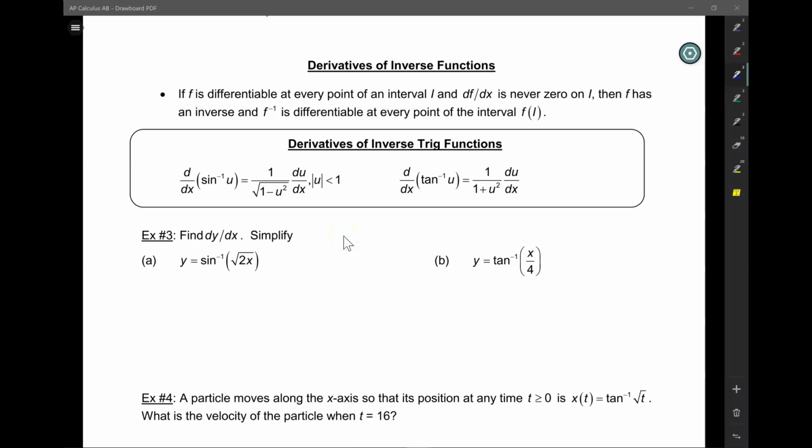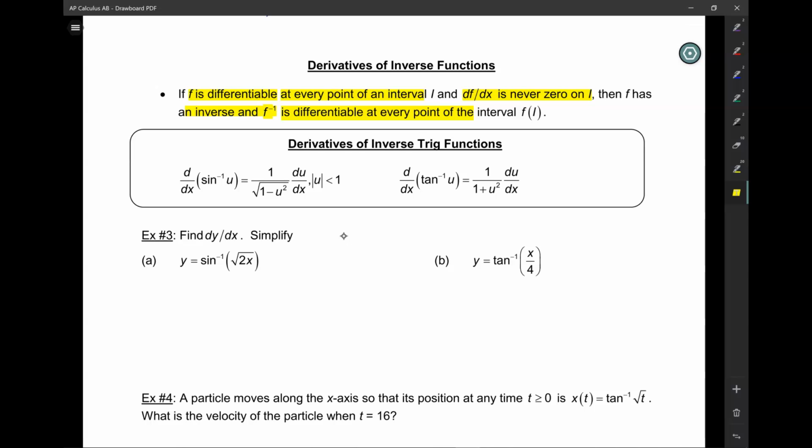All right, so derivatives. One more thing about derivatives of inverse functions. Here's some more of these terms now. If f is differentiable at every point on an interval, and df dx is never 0 on that interval, then f has an inverse, and the inverse is differentiable at every point on the interval.